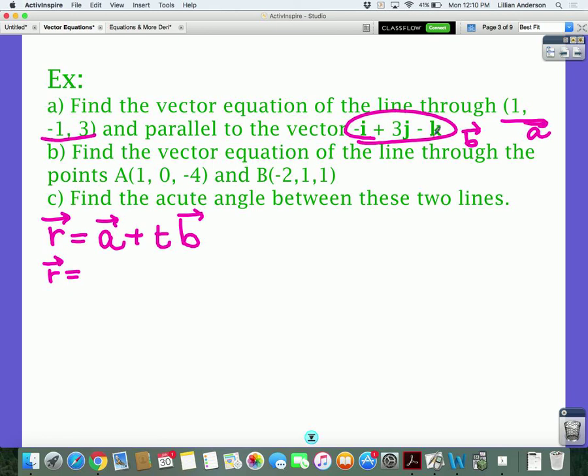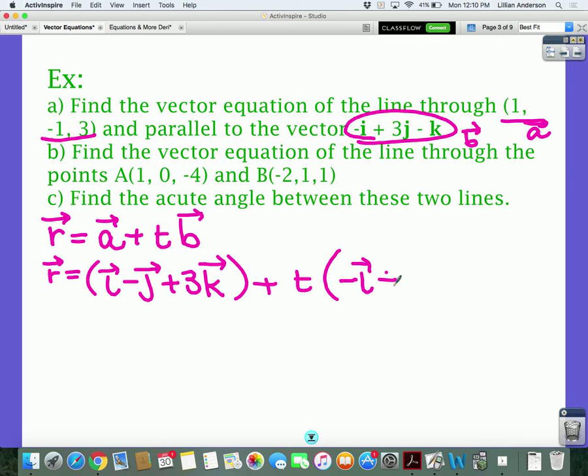I, minus j, plus 3k. Very good. So there's A, plus your parameter, and then this is already in that format. And there's your answer to A. There's your vector.